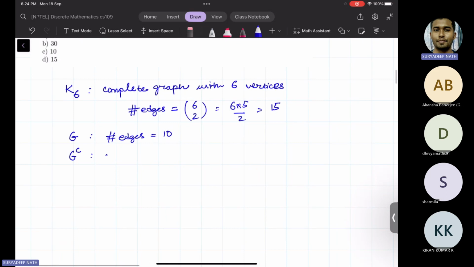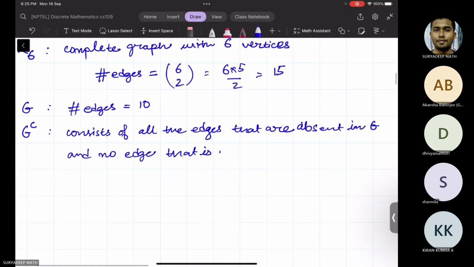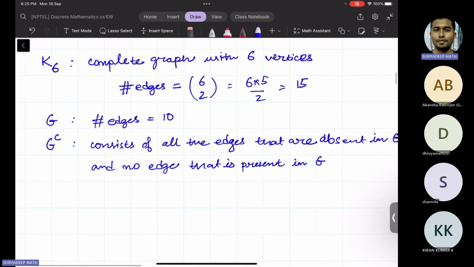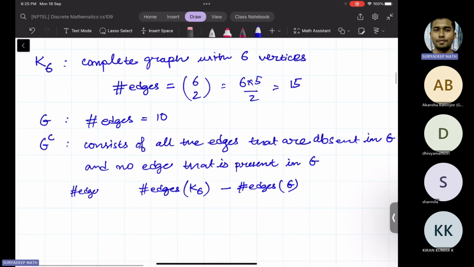G complement consists of all the edges that are absent in G and no edge that is present in G. So basically it is the number of edges of K6 minus the number of edges of G. This will give you the number of edges of G complement. So that is basically 15 minus 10, that is 5.